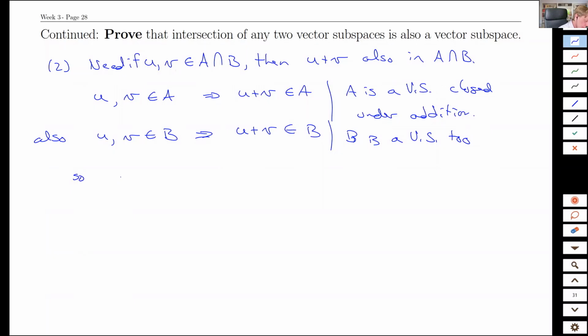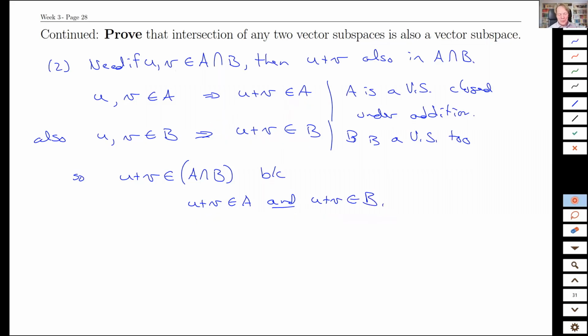And so U plus V has to be in A intersection B because U plus V is in A and U plus V is in B. We just said those two statements here. If we're in both of those sets, then we're in the intersection. And that means that A intersection B is closed under addition. I can add any two elements and get another element in that set.